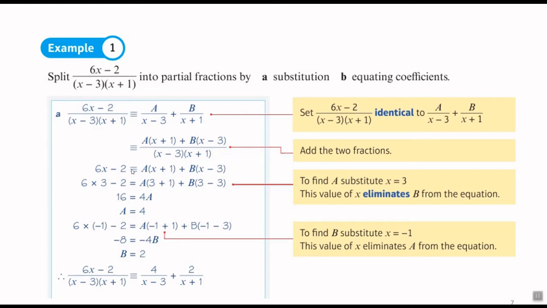Then substitute x equal 3 here and here. Then simplify: 6 times 3 is 18, minus 2 is 16; here 4a, and 3 minus 3 is 0, times b is 0. Then you can find the value of a: divide both sides by 4, you will get a equal 4.